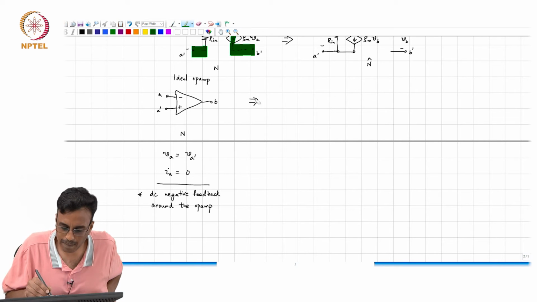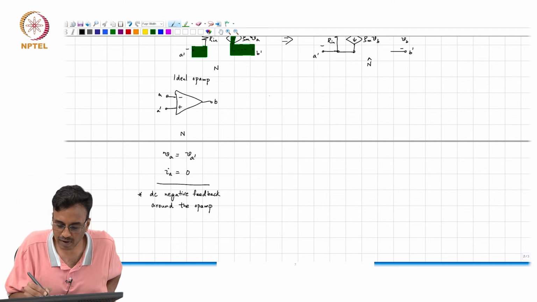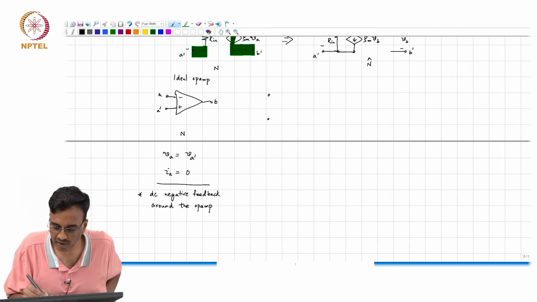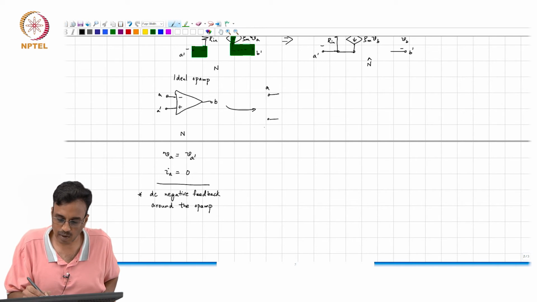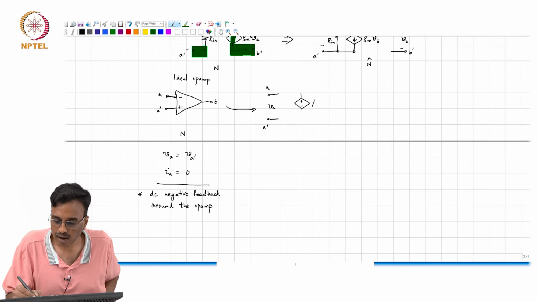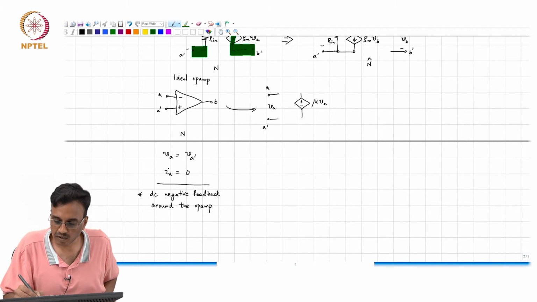Remember, an ideal op amp is slightly different from an ideal control source in the sense that the controlling ports, terminals are both available, right. So, this is VA, and let us say I assume this to be a voltage controlled voltage source, this is mu times VA.